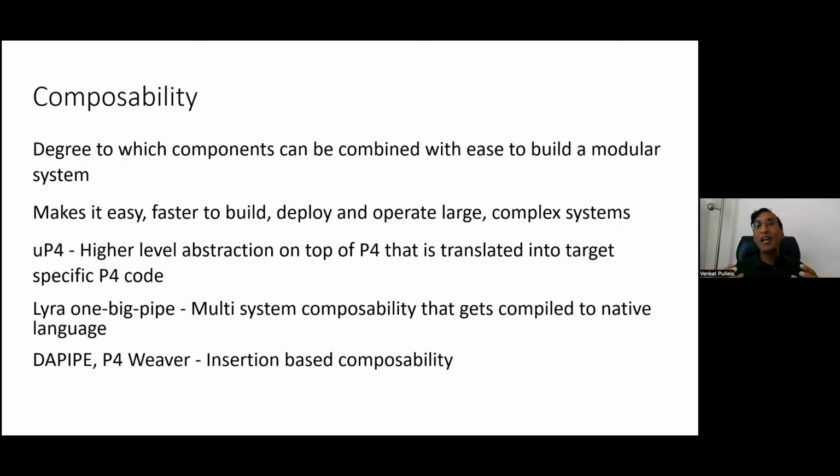You specify at a higher level so that you are able to specify a lot more, and then you translate it down. And the other work that is interesting and very useful is Lyra, the one big pipe model. This is multi-system composability. You have multiple nodes, not one node, and they're connected. And then you want to look at the whole thing as a single pipeline.